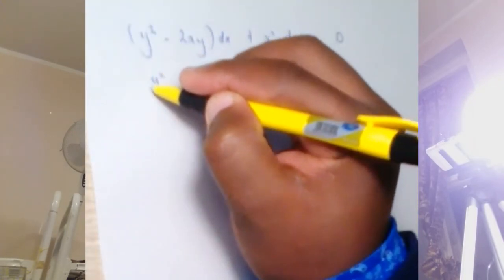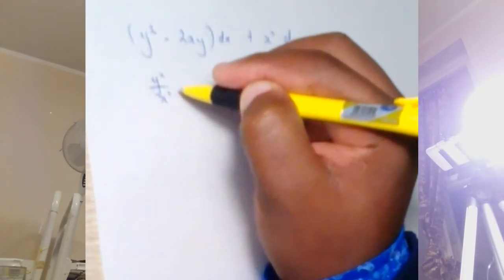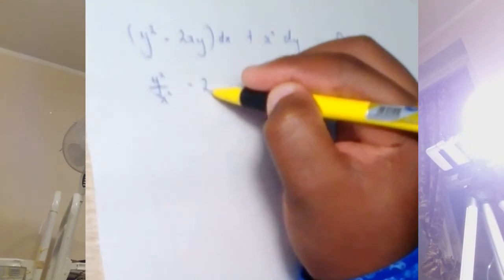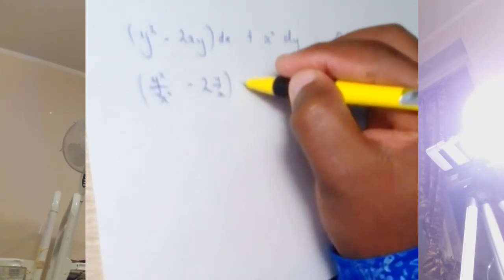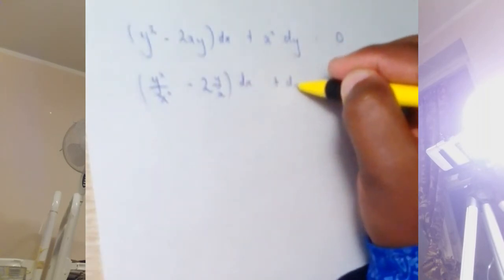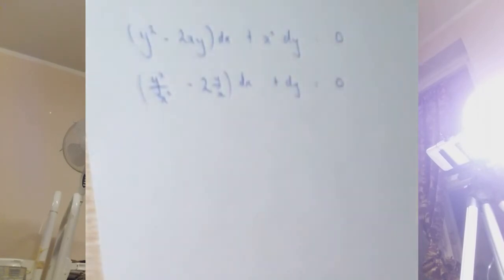So here what do we need to do? We just need to divide all the expression by x squared. So I'll have (y squared divided by x squared minus 2y divided by x) all multiplied by dx plus dy is equal to 0.